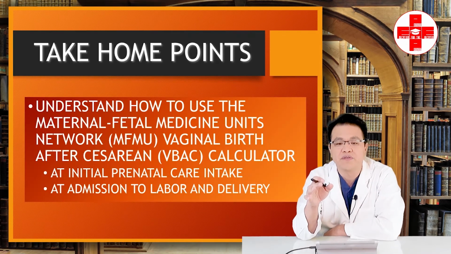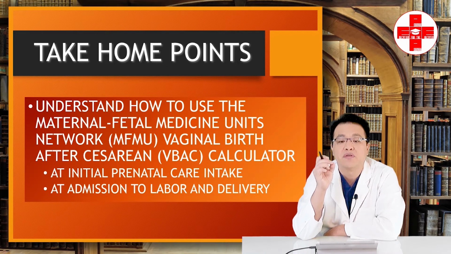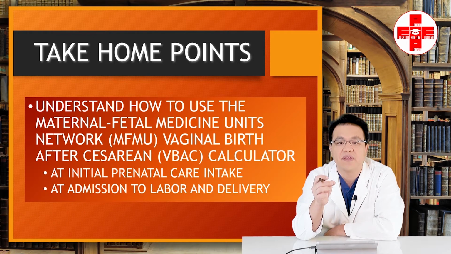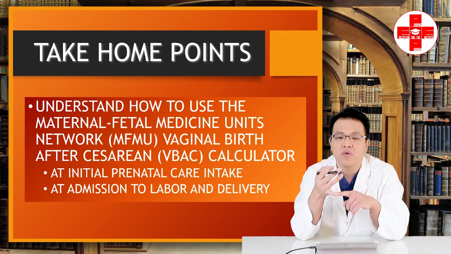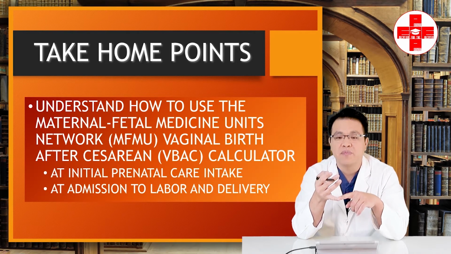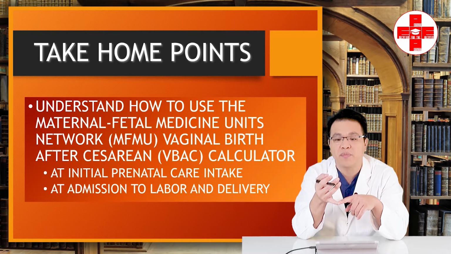The take-home points for this video will be to learn how to use the MFMU Network VBAC calculator for cesarean section risk when undergoing a trial of labor after C-section. And there's actually two calculators. The first one will stratify your risk based on information available to you at the initial prenatal care appointment.